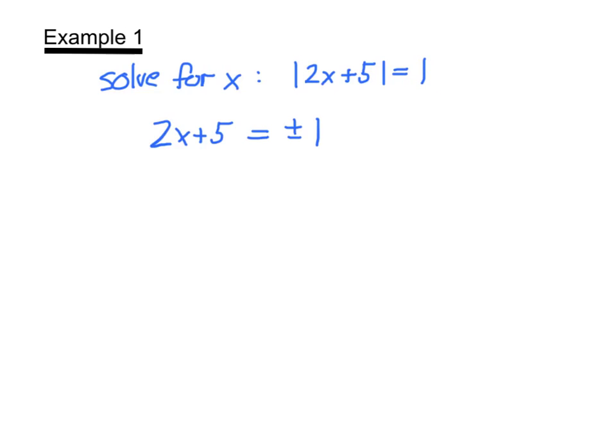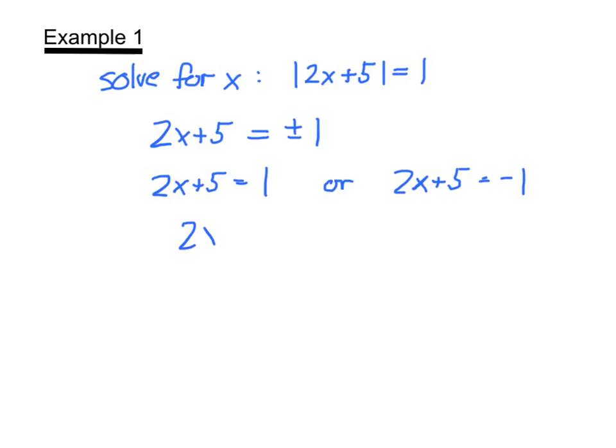So in this case, we see that 2x plus 5 has to equal plus or minus 1. So what we're really doing here is solving two separate equations. We have 2x plus 5 equals positive 1, or 2x plus 5 equals negative 1. And these are two simple algebraic equations that I can solve.